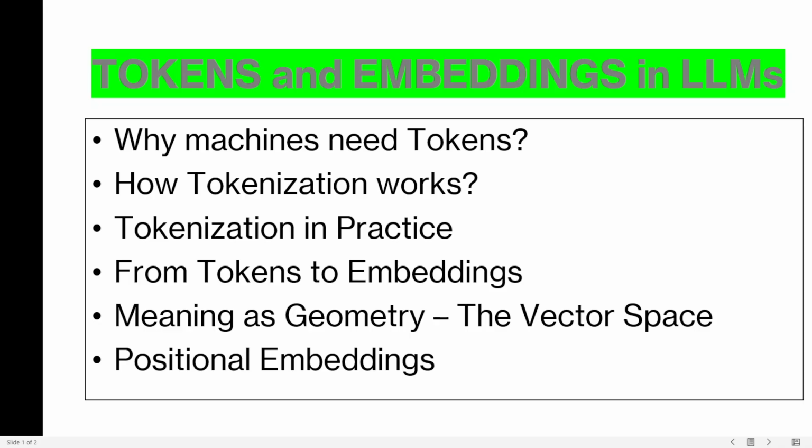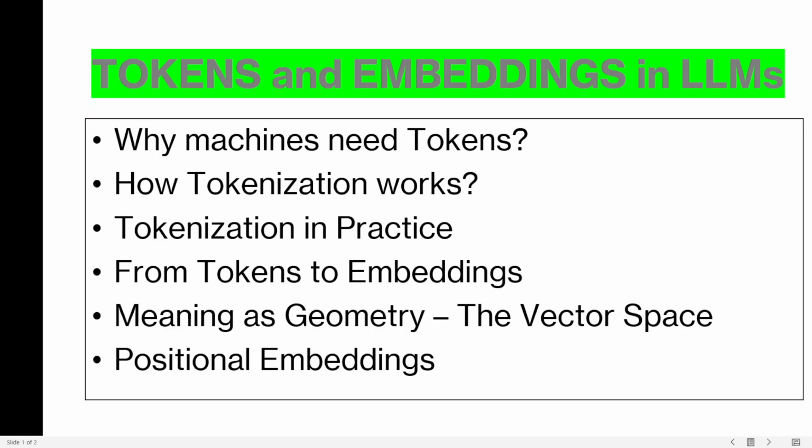The tokenizer has a fixed vocabulary, a predefined list of all possible tokens, each with a unique ID number. When you input text, the tokenizer scans the text and breaks it into tokens from its vocabulary. Each token is mapped to its ID number. The sequence of IDs is what actually goes into the model.